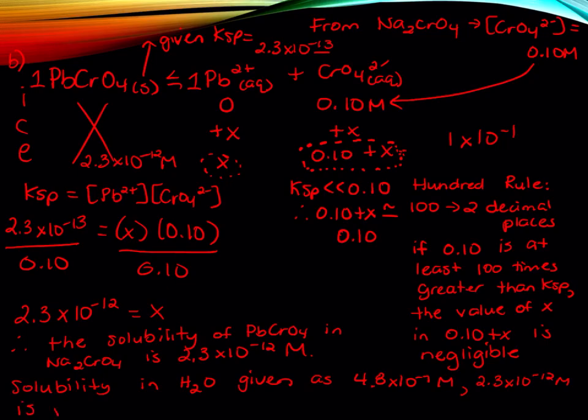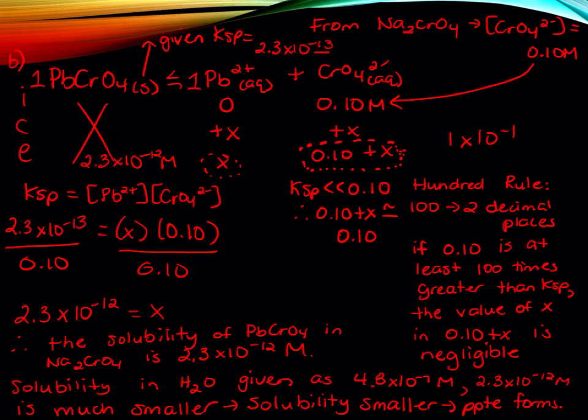Is 2.3 times 10 to the negative 12 smaller? It is much smaller, okay? So if the solubility is smaller, that means precipitate forms. So we were correct.